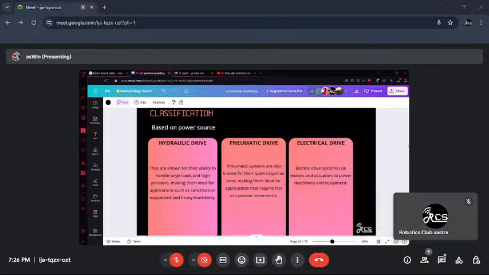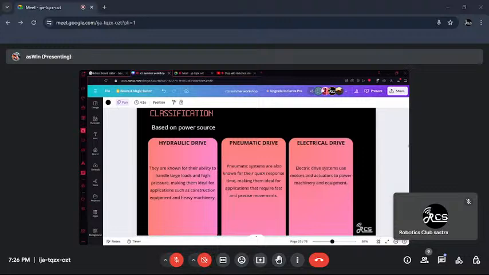Hydraulic drives are known for the ability to handle large loads at high pressure, which is why they are used in car workshops, making them ideal for applications such as construction. Pneumatic drives are for quick response, but they are not as precise as hydraulic; they are less precise. They have a faster response than hydraulic. Then electrical drive works based upon the motors and actuators in the manipulator and robot.